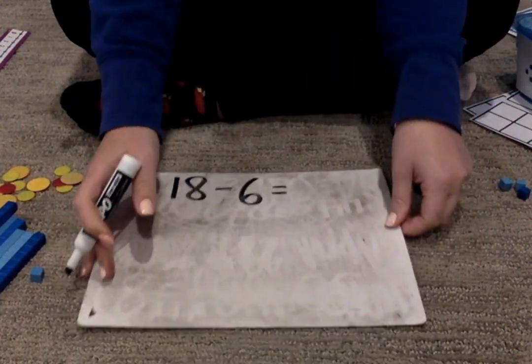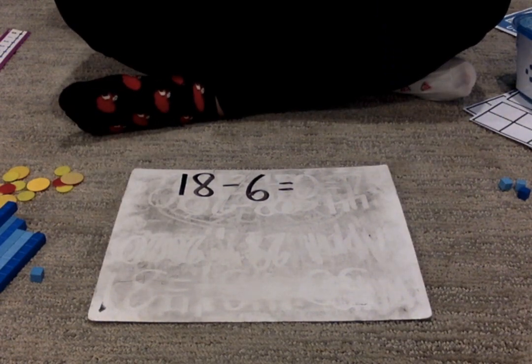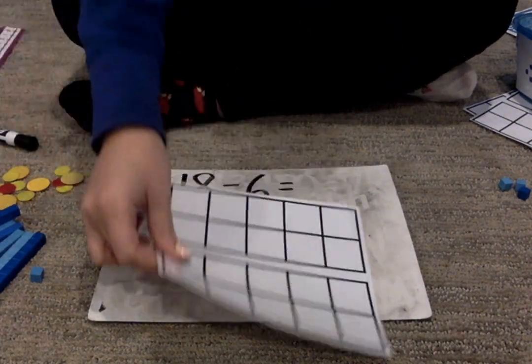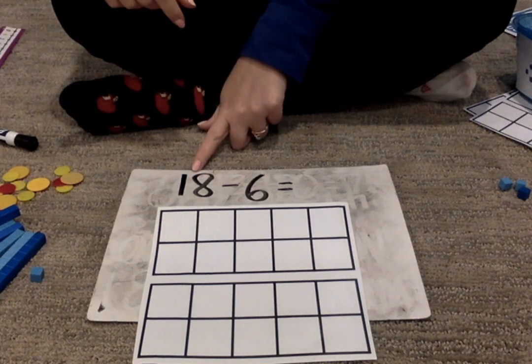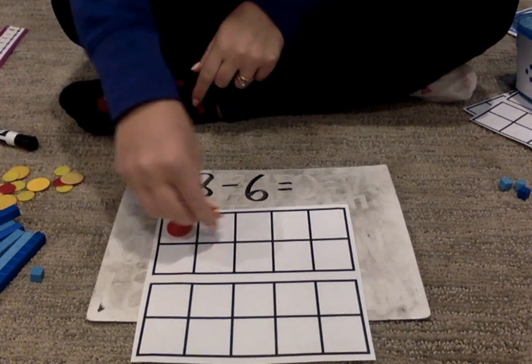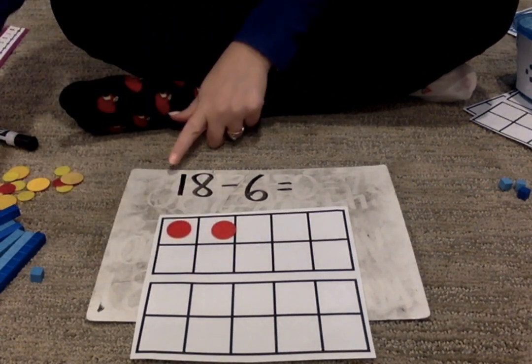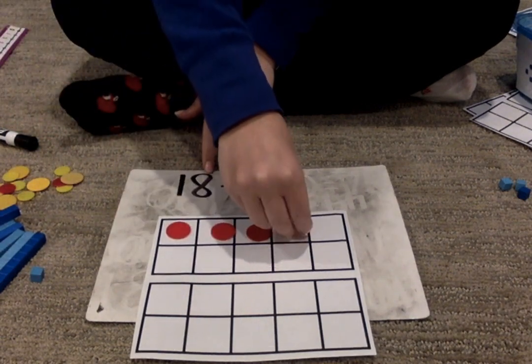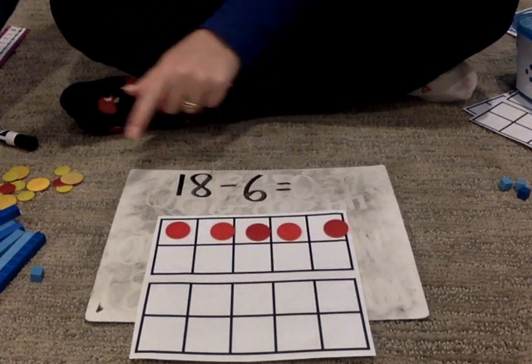It's smaller than 20, so I think that means that I can use my 20 frame. First, I need to build 18. I know that 18 is made out of 1 10 and 8 ones.